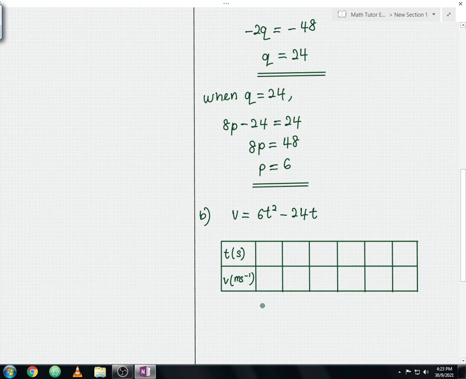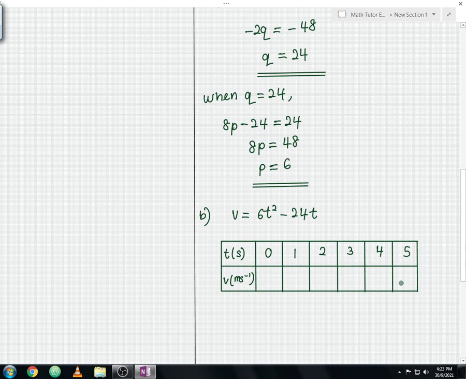Okay, so we have already constructed the table consists of time and velocity. So from here, let us write down the values of time that we wanted to find. So from here, let us begin with 0, 1, 2, okay, followed by 3, 4, and 5. Okay, so from here, what we're going to do is we're going to substitute this time value into this velocity equation, and we're going to calculate the value of velocity, and we're going to write it down over here.